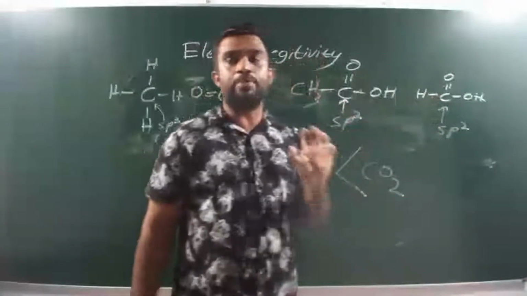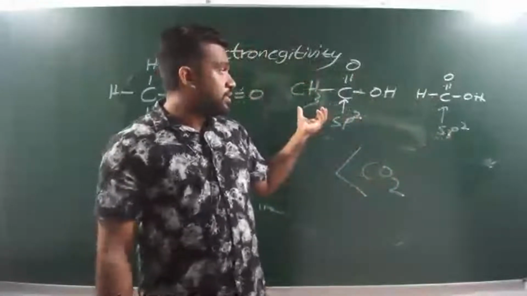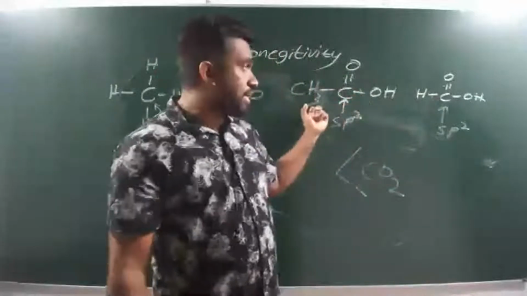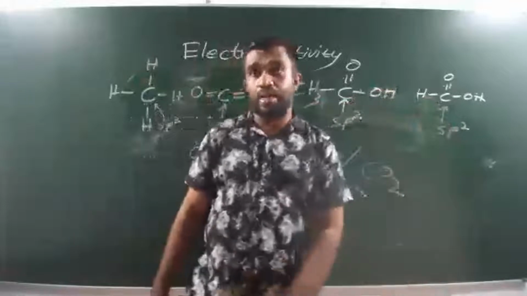You cannot use hybridization here because they have the same hybridization. උතන කියන්නේ මේ දෙක වෙන් කරන්න බෑ hybridization එක දිහා බලලා because both of them have the same hybridization. Okay, all right.